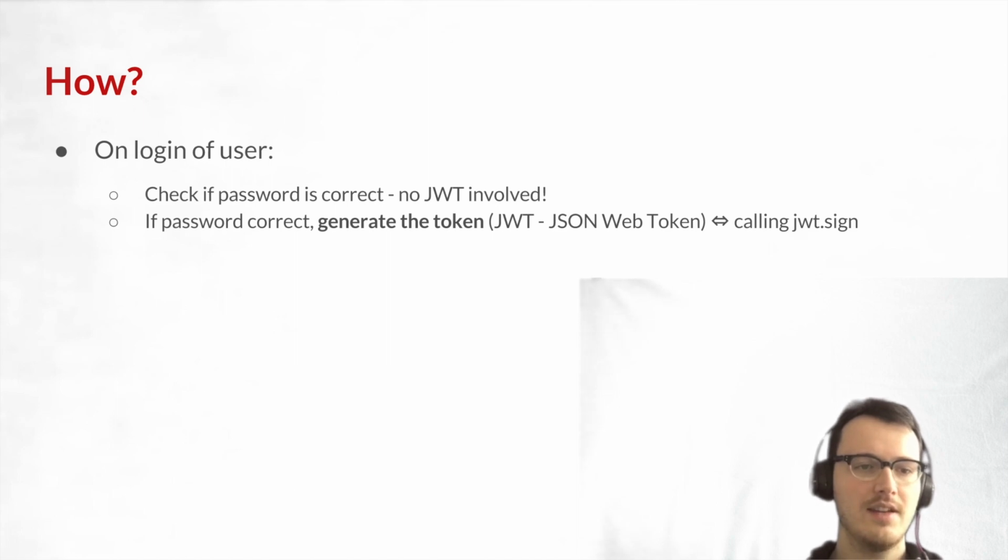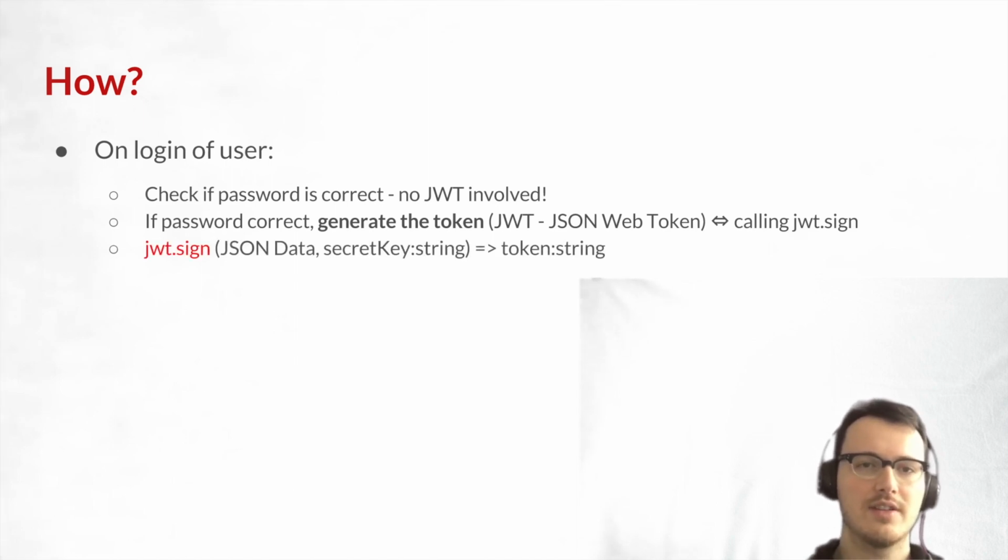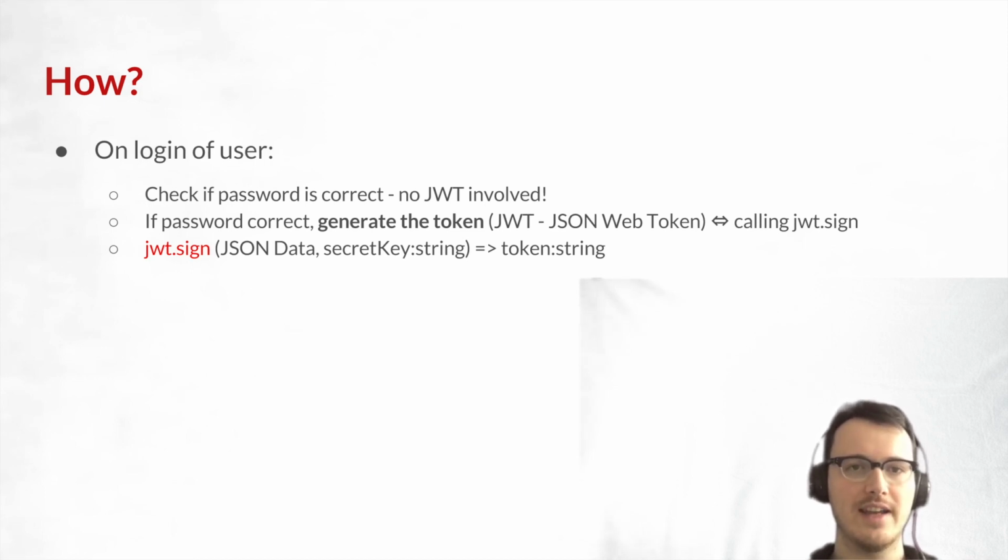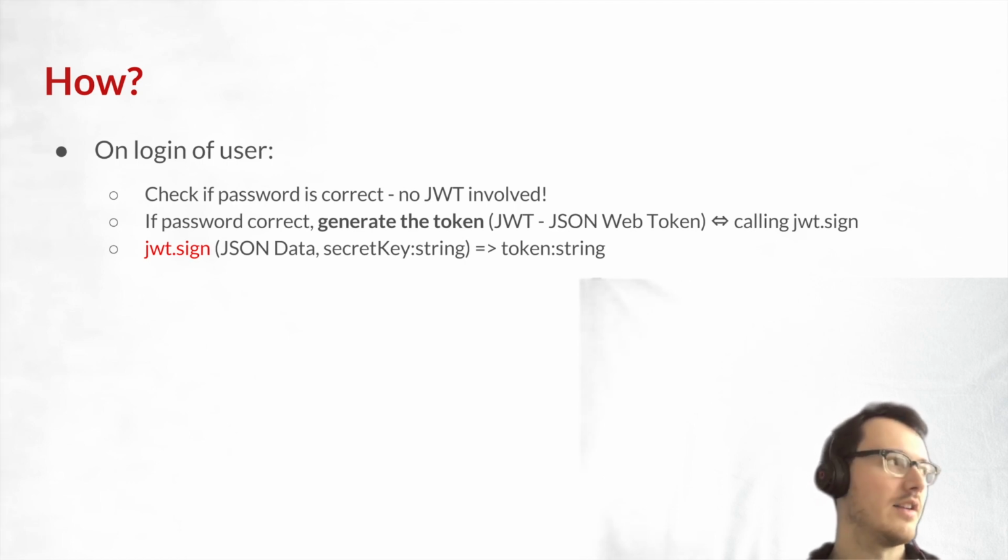What does it mean? It means we call a signing function, which is a fancy word for cryptographically generating a token. This signing function has two inputs. For one, it takes some JSON data, which is usually the username, for example, or the user's email address.